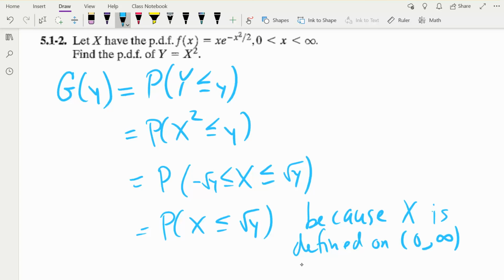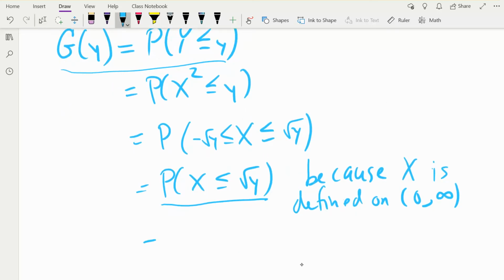We agree? Okay. All right, we said when we started this that this was the definition of the CDF of y, correct? What is this a statement about? The CDF of x, right? What number have we plugged into the CDF of x? Root y. Good.